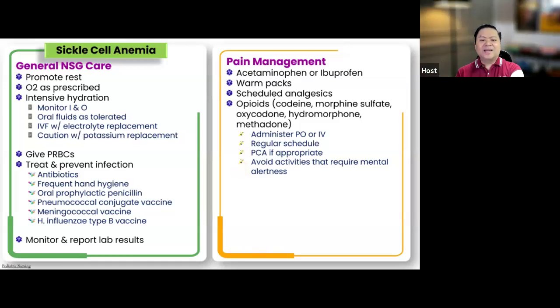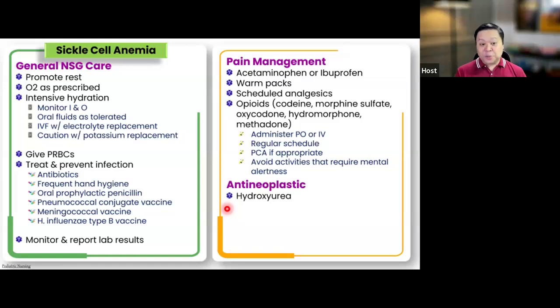Now, there's also another pharmacologic agent that we will expect to be ordered by the physician, which is hydroxyurea. So this is an anti-neoplastic, which is going to prevent the formation of the sickle-shaped red blood cells, and it has the intention to decrease the incidence of vaso-occlusive events.